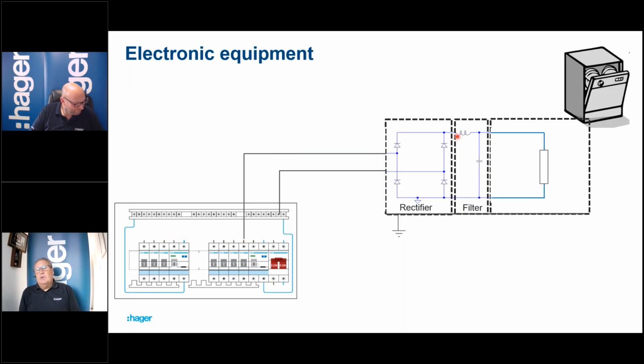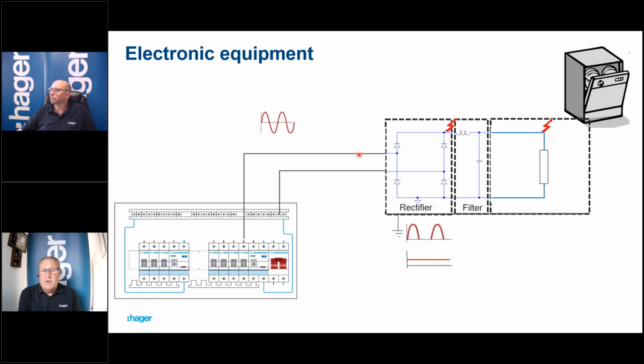So if we had more products with electronics inside, for example, this dishwasher with some timer controls and things like that, this is by no means obviously the circuitry within this product, it's just an example. So if the AC current was flowing towards the dishwasher, maybe, if there's any kind of internal faults in it, that could have a serious distortion of the actual wave flowing through the dishwasher.